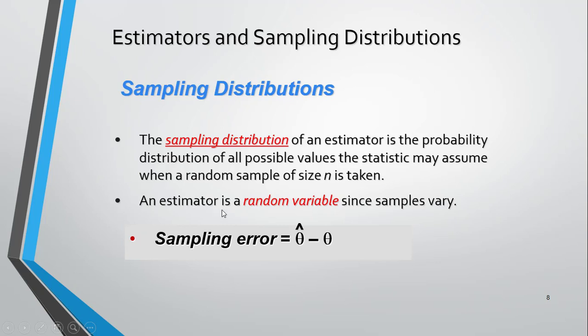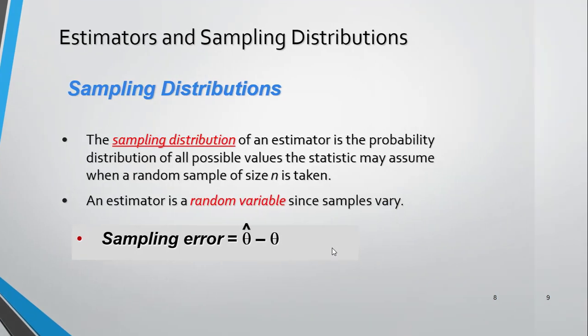An estimator is a random variable since samples vary. You never know which items from the population will be chosen as your sample. So there is error here. The sampling error is theta hat minus theta, where theta hat is the predicted value and theta is the true value. Theta could be anything.